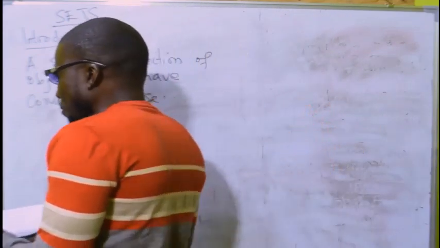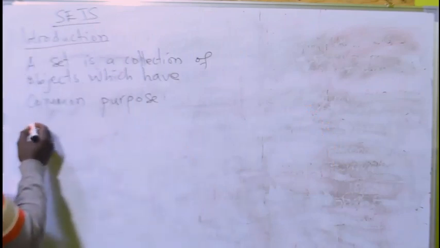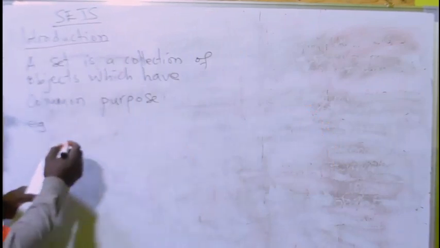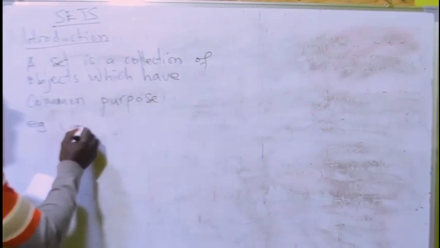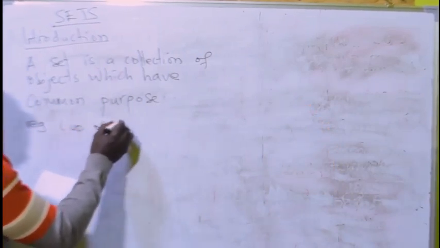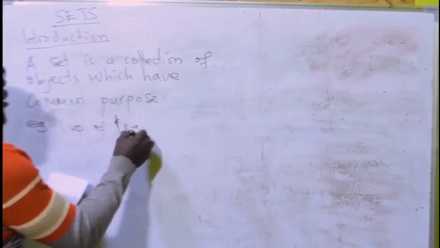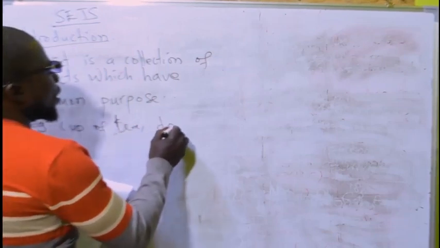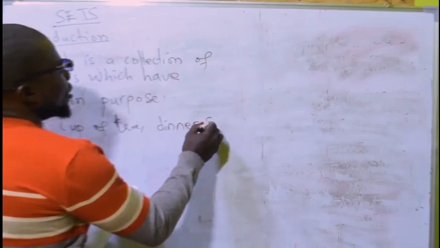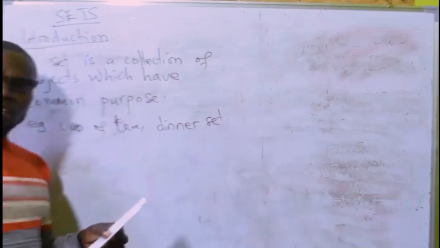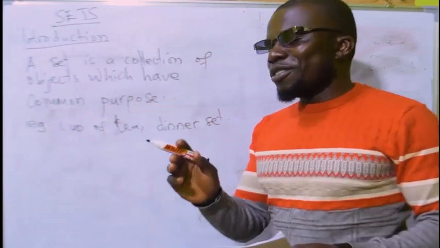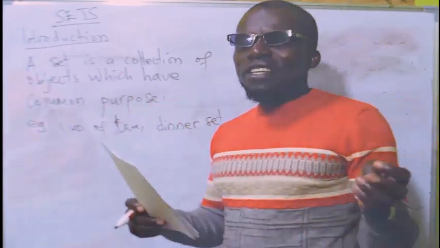Another example of a set can be a cup of tea set, or we can say a dinner set. For more understanding, you can look at these pictures. Can you see those pictures? Those are examples of a set.